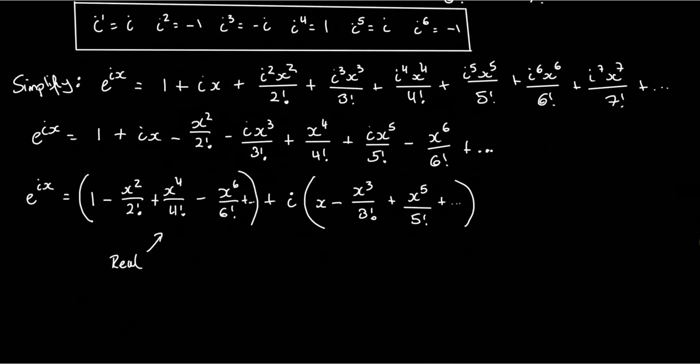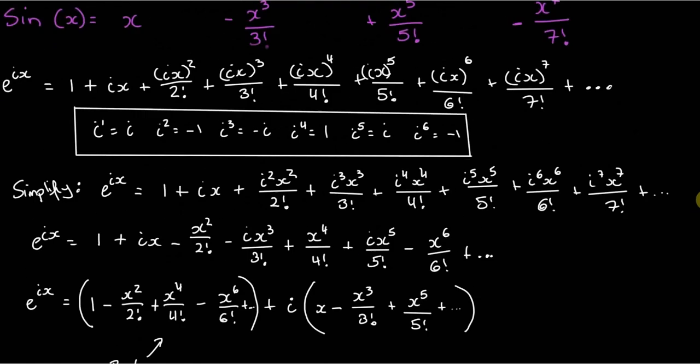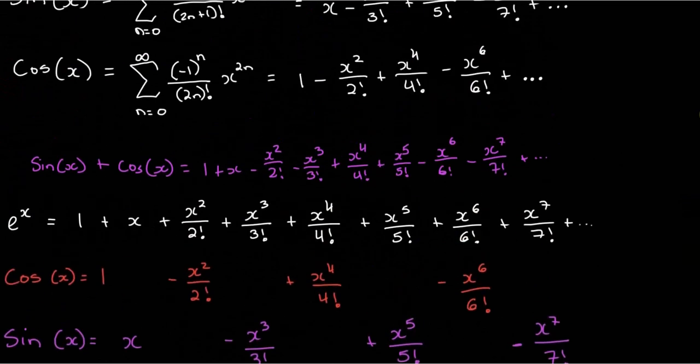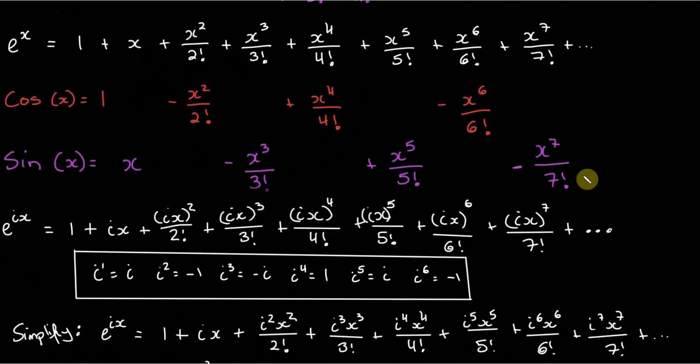Well, look what we've got here: 1 minus x squared over 2 factorial plus x to the power 4 over 4 factorial. That is exactly what we have in our Maclaurin expansion, right? Look, we've got it right here. You can see it perhaps highlighted or featured more boldly in the red.